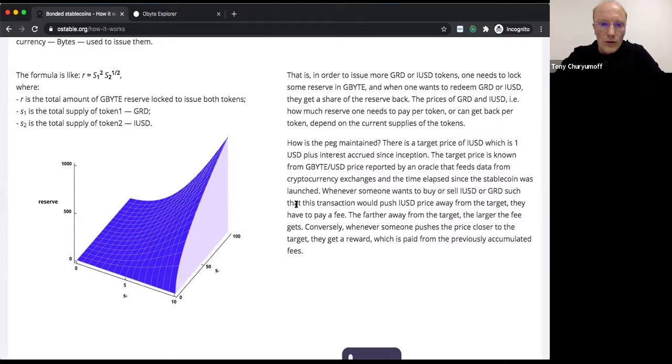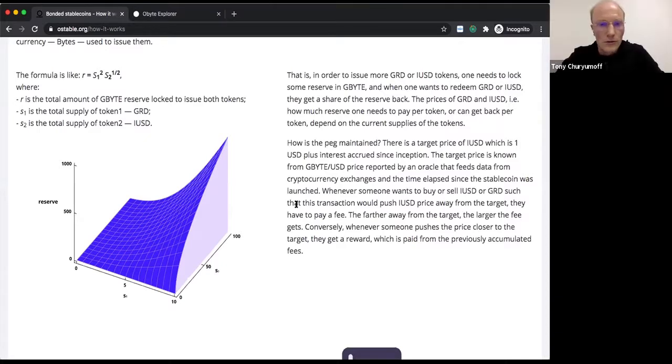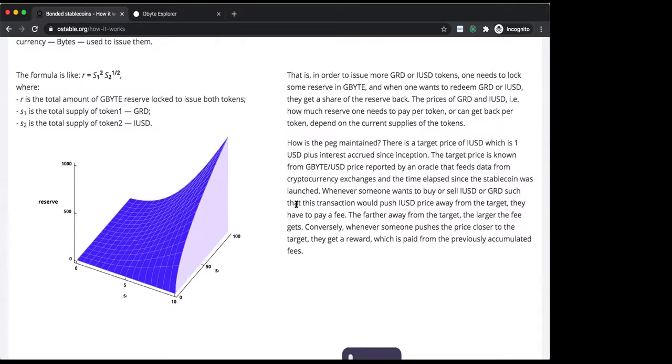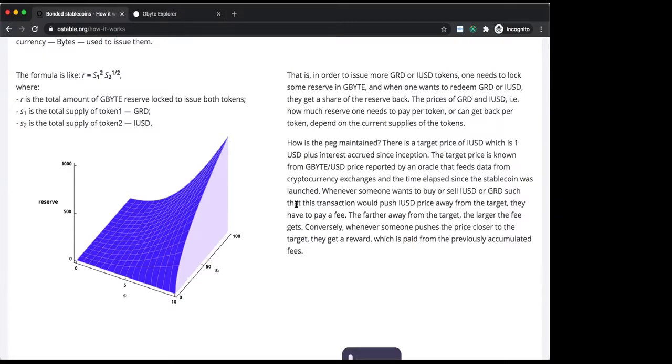So you can issue several of those tokens, two tokens on the two-dimensional bonding curve, and the prices of those tokens constantly change. They depend on the supplies of the amounts of the currencies already issued.